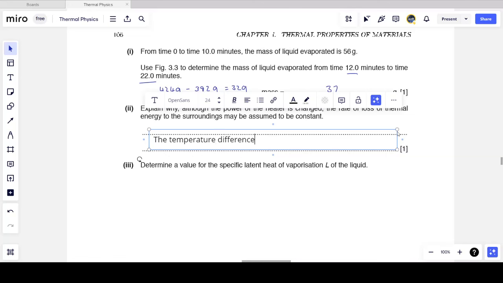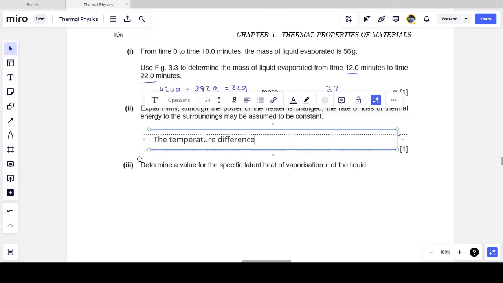I get V1 I1, which is 230 volts and 1.2 amperes, so 230 volts times 1.2, minus V2 I2, which is 190 volts times 1 ampere, divided by M1 over T1, which is a loss of 56 grams. 56 grams of liquid has boiled away in a time of 10 minutes.